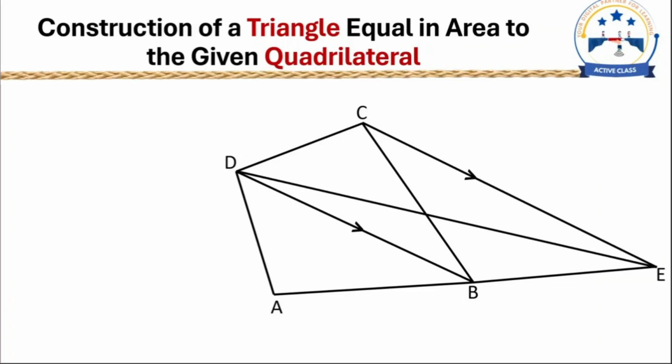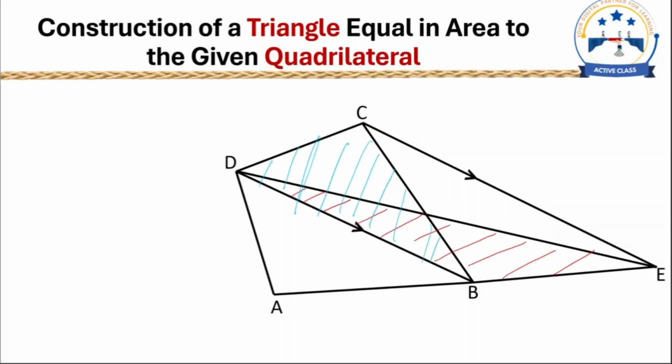Now I can claim that triangle ADE, this shaded triangle, has equal area with the quadrilateral. But how? Okay, let me show you how the quadrilateral ABCD and triangle ADE have equal area.